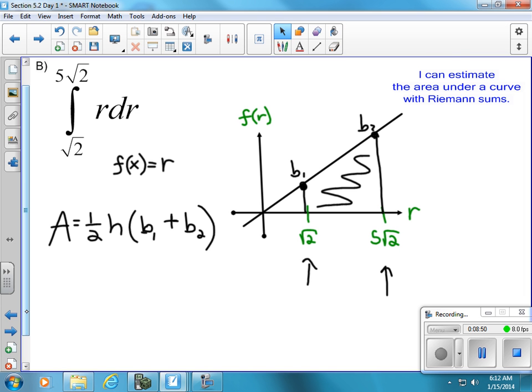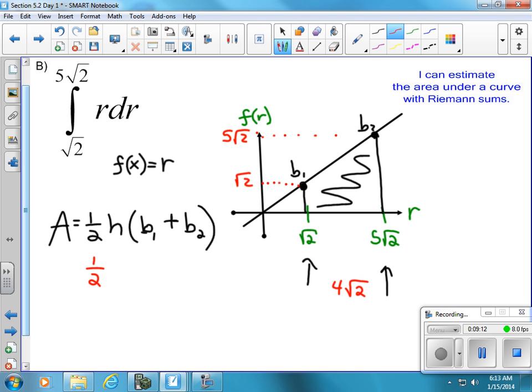Now, this function happens to be a line, so this is square root of 2. And over here, this is 5 square roots of 2, right? So that's our b1 and b2, square root of 2, 5 square roots of 2. And here we need to take 5 of these minus 1 of these. I think we get 4 square roots of 2 in between there, so that's our height. 1/2, 4 square roots of 2.